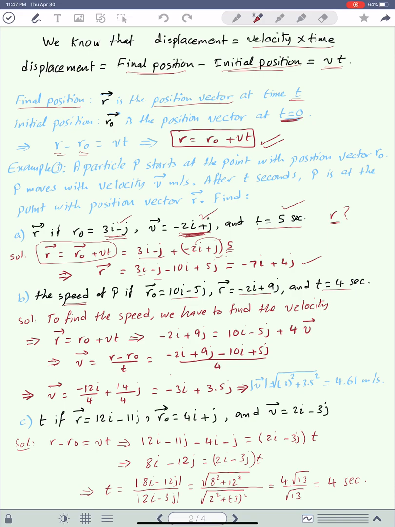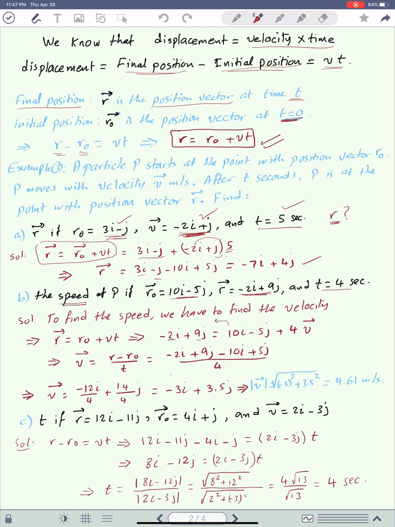Using the same formula, we are given r, dear students, it's minus 2i plus 9j equals r0, which is 10i minus 5j plus 4, which is the time, times v. So make v the subject. v is equal to r minus r0 over t, by collecting like terms here.